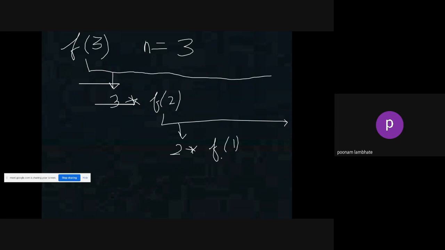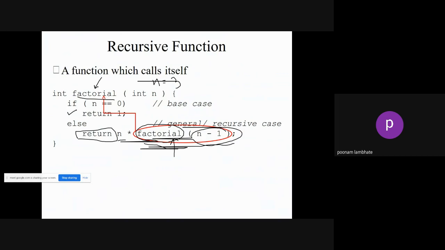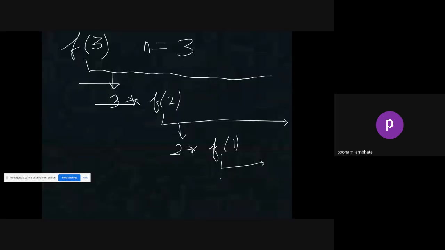Now I have to call the same factorial function on this n value. Here the n value is 1. So what I have to do? I have to compare this 1 with 0. If condition is not satisfied, else is satisfied. That means I have to compute 1 into factorial of 1 minus 1, that is 0.